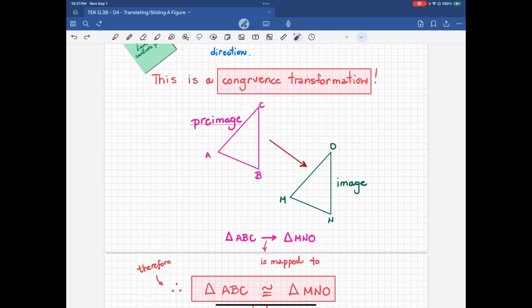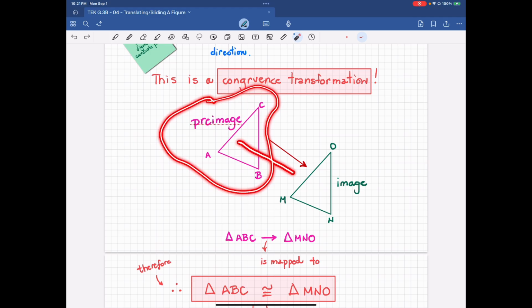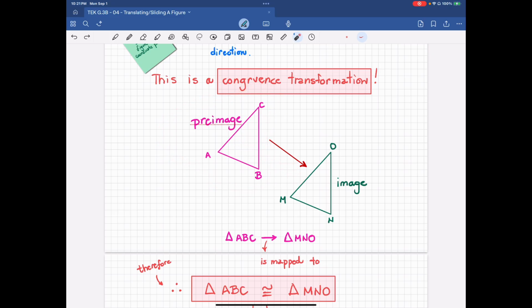Again, we took our pre-image right here, triangle ABC. We slid it down in this direction, and every point on this triangle moved the exact same distance.